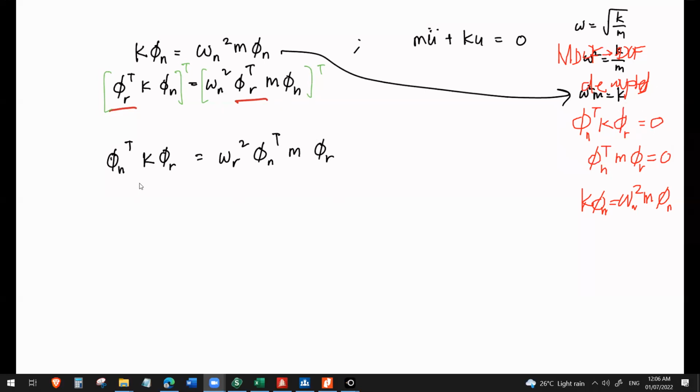So therefore we can also write phi n transpose k phi r is equal to omega n square phi n transpose m phi r.